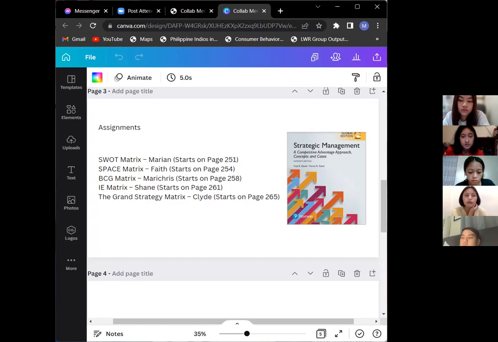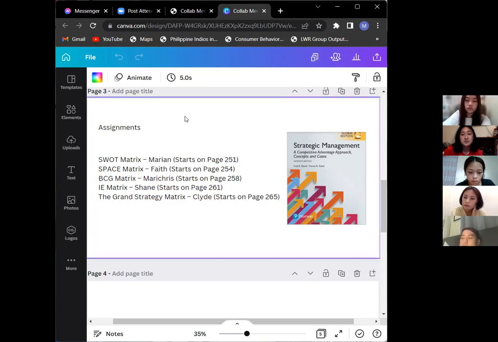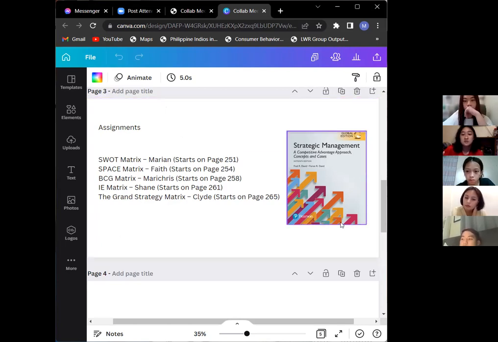Using the strategic position and action evaluation matrix method, we find the strategic position or posture of Porsche. We analyze the four dimensions in this method, and two of them contribute to the internal dimensions, and the other two are external dimensions.